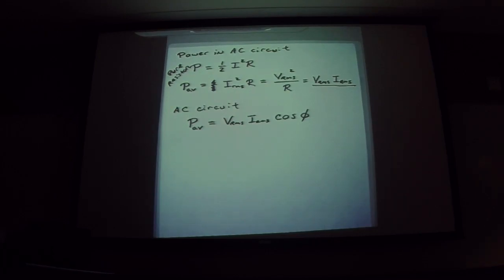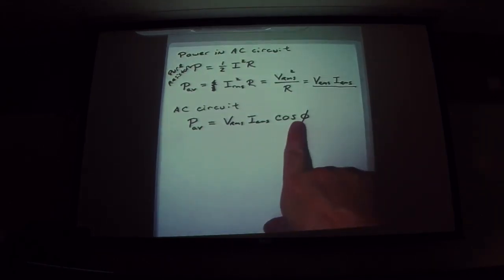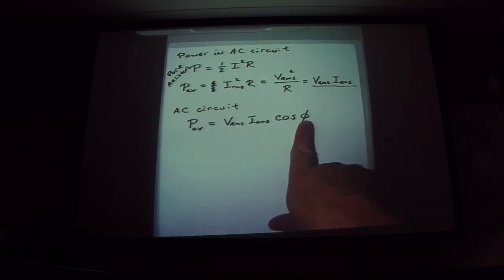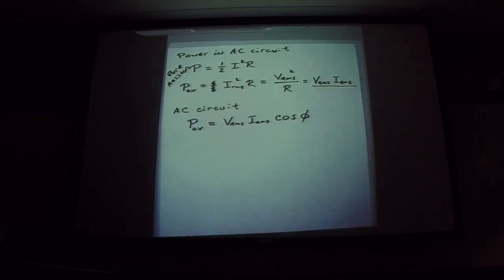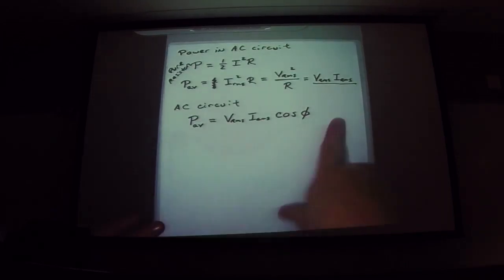In other words, your power in your AC circuit depends on how it gets interfered with by your inductor and your capacitor, because the voltage and the current aren't in phase with each other. That factor of cosine of phi is consistent throughout the whole cycle, so that factor comes in here. So this is your power in an AC circuit.